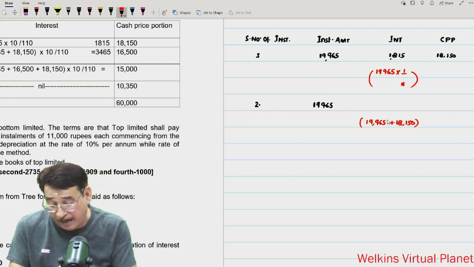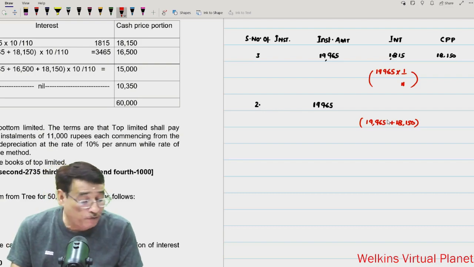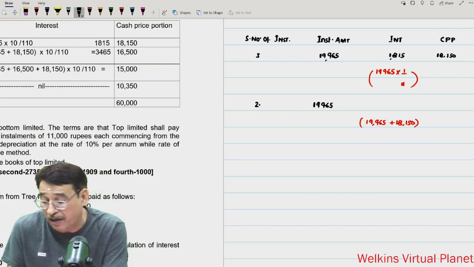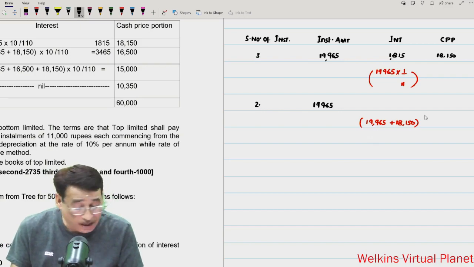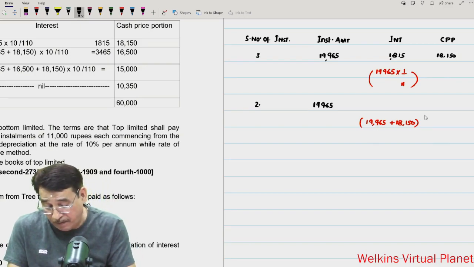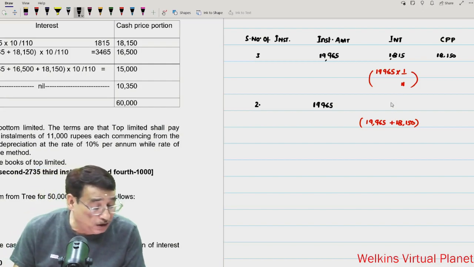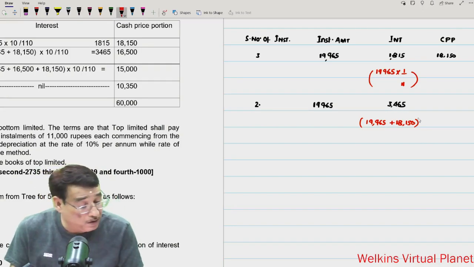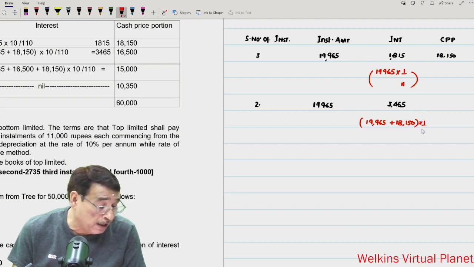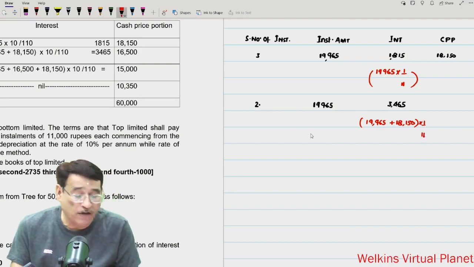So you will add 18,150 plus 19,965. That is equal to 38,115. And now you multiply it by 1 by 11, you will get 3465. So your interest will be 3465. Are you getting my point or not?